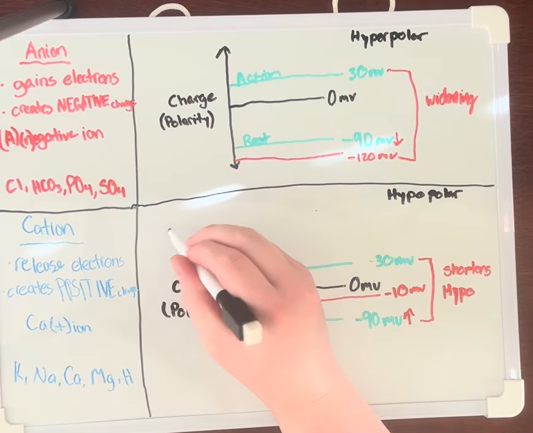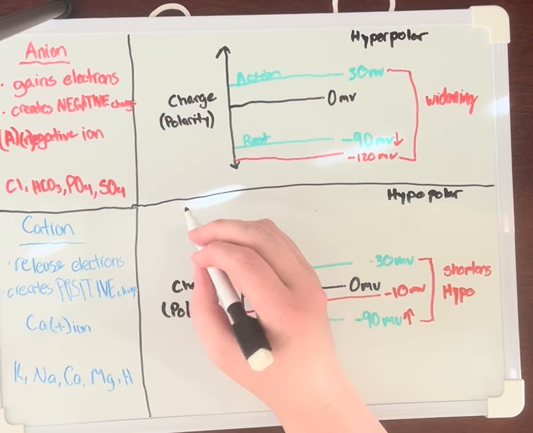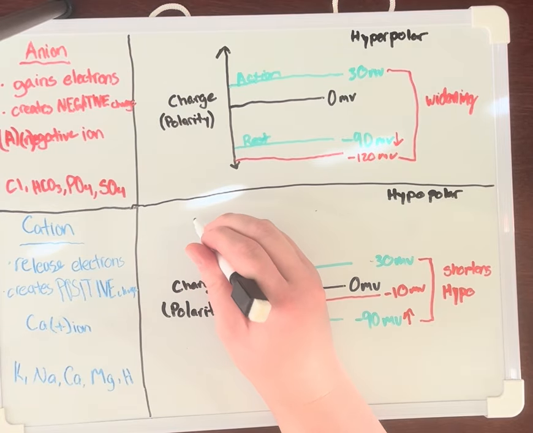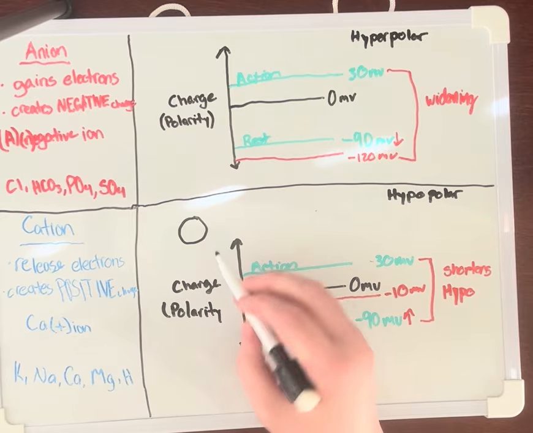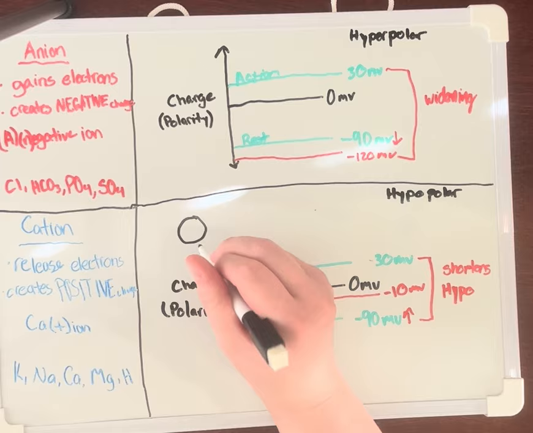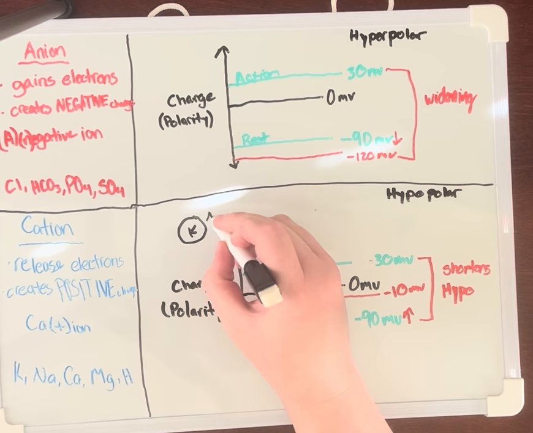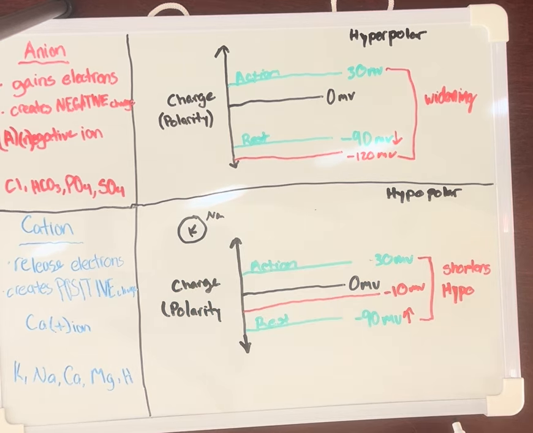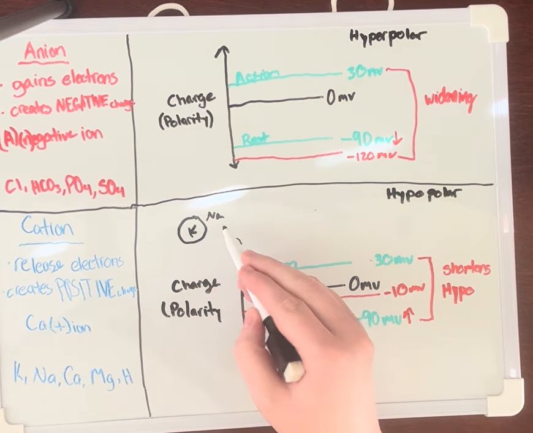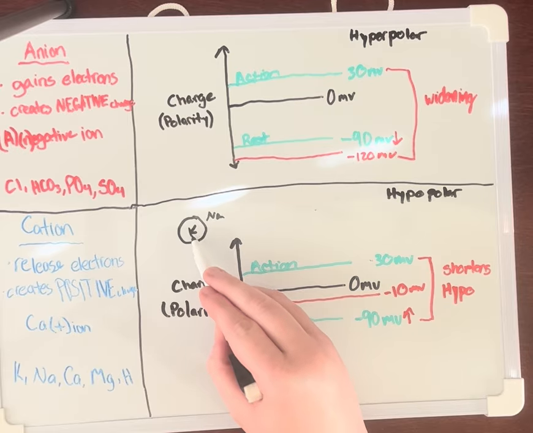So an easy way to remember that, I don't know if that's going to be asked, it's just something that I feel like will be asked because I got asked so many times. So if you have a cell and another cell says to it, hey, do you want to go to Circle K? That cell says, nah. So your extracellular cation is sodium, intracellular is potassium.